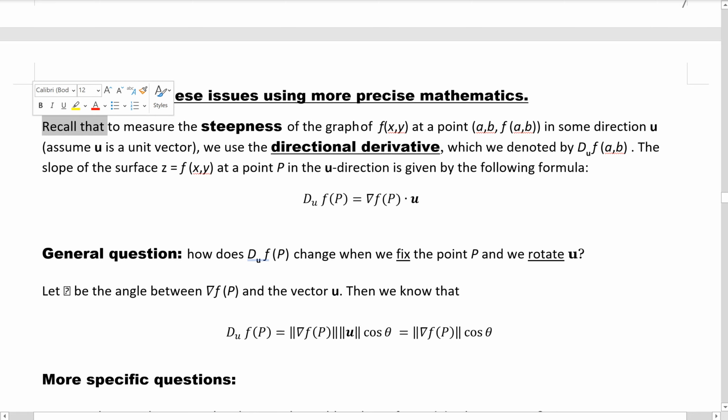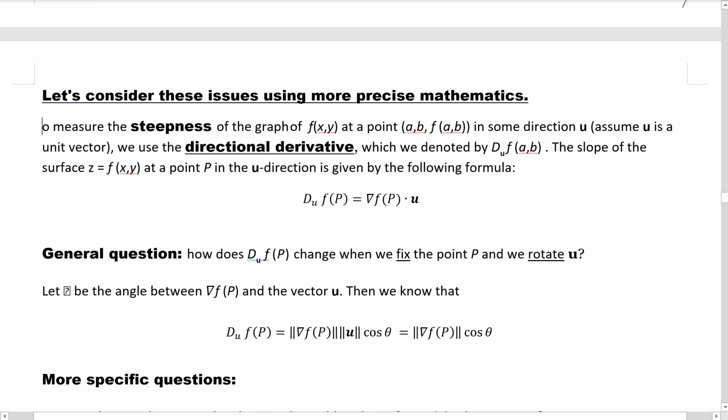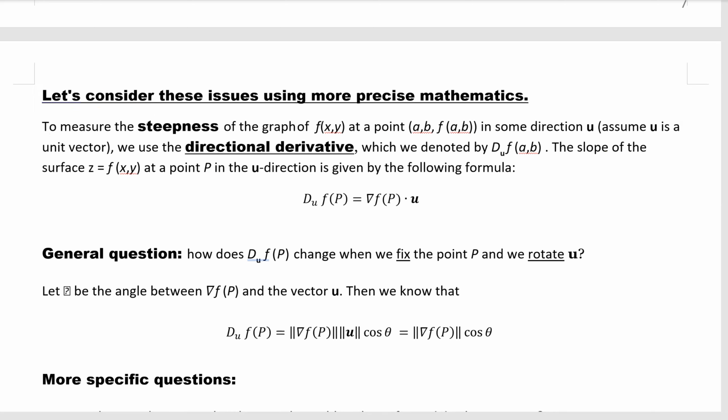I should remove the words "we call this," because we will learn this in the next session as well. Here we use directional derivatives, which we denote by D_u f evaluated at (a,b). The slope of the surface z at the point P in the direction of u is given by the following formula.